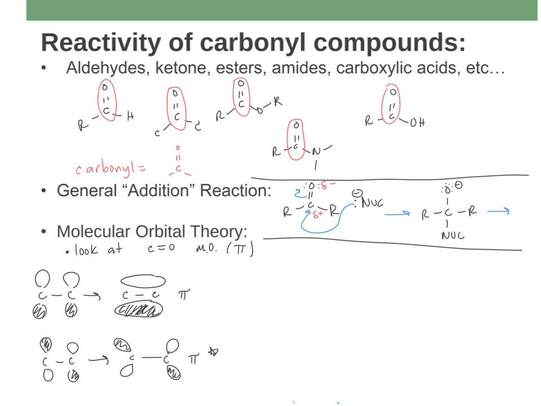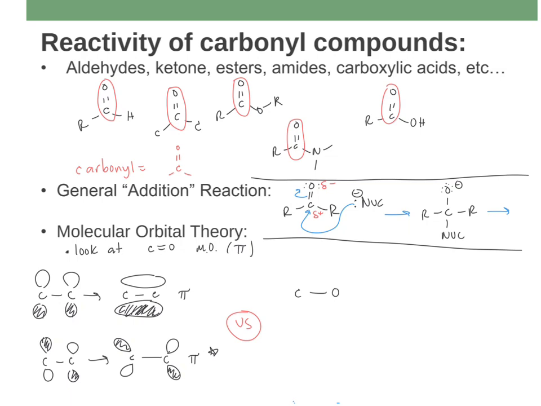Now, this is going to be versus a pi bond for a carbonyl. One thing to keep in mind when you're drawing MOs: if you have things that are of different electronegativities, the same orbital on the more electronegative element is lower in energy.